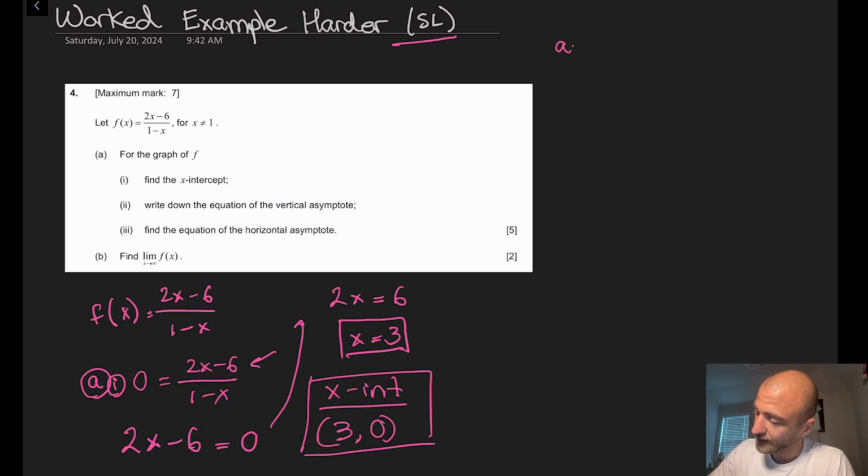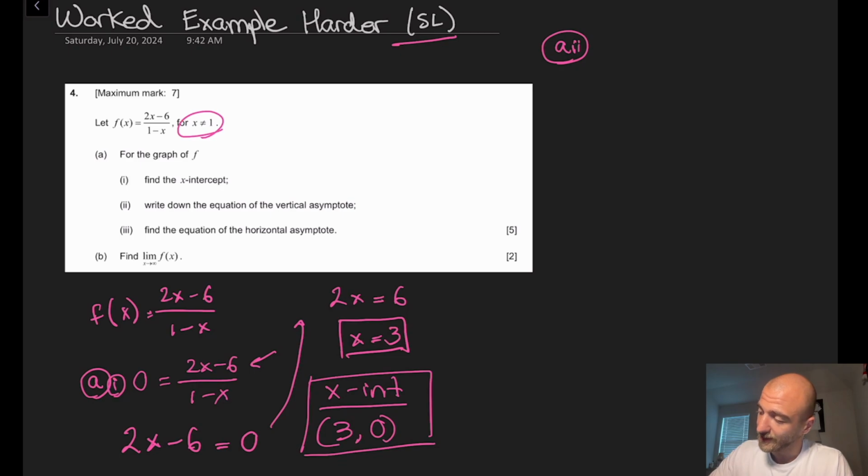For part A2, it asks us to write down the equation of the vertical asymptote. All right, let's figure this out. The vertical asymptote, if you were paying attention to my previous videos, is directly related to the domain of the function. The vertical asymptote is telling you the equation for the point that's off limits.